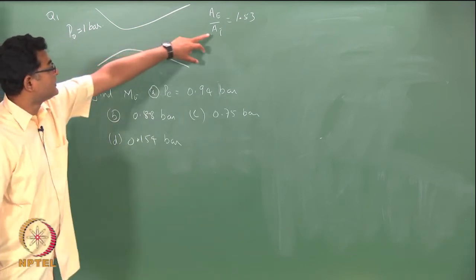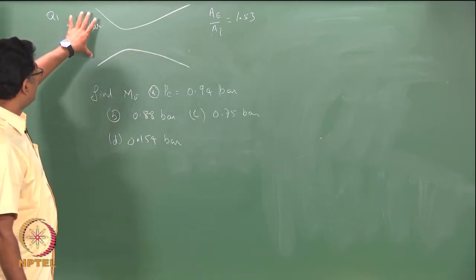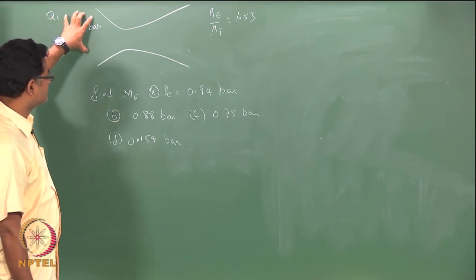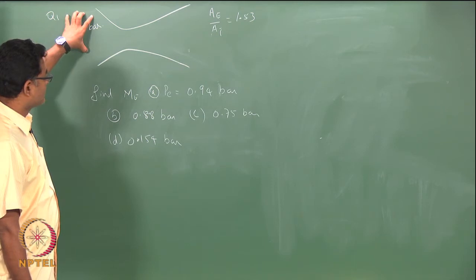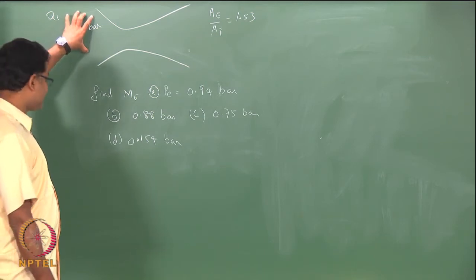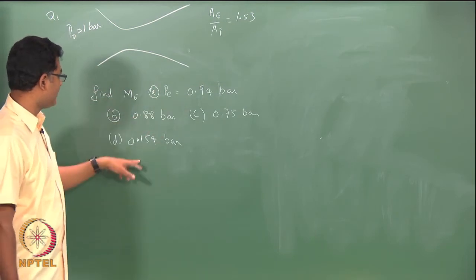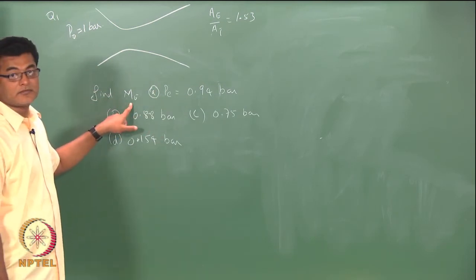So, I have the nozzle with this particular area ratio, I have a reservoir pressure of 1 bar. Now, if the P exit is changed to these values, what is my Mach number?